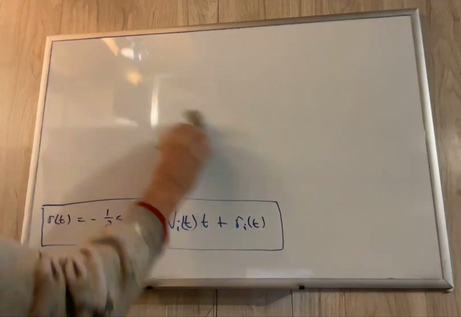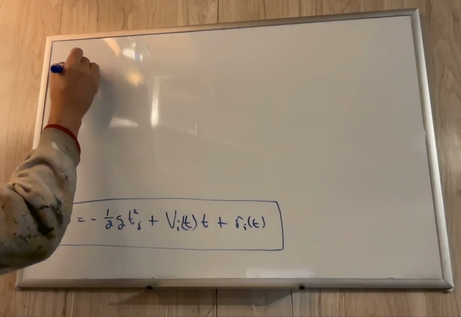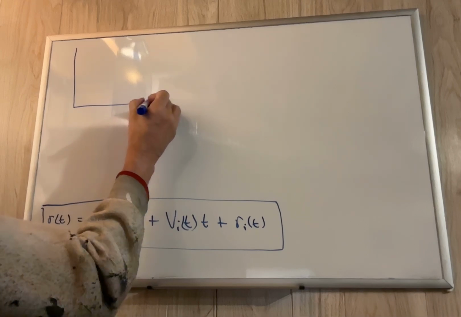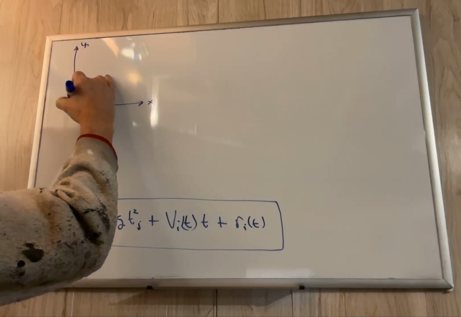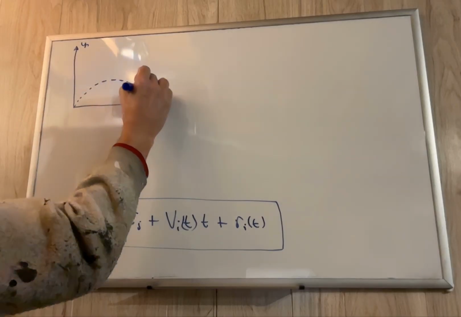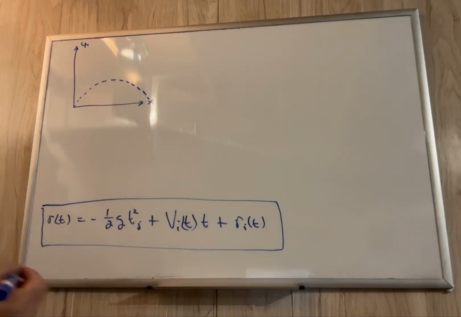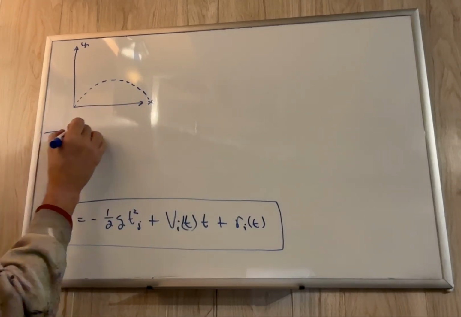Probably the easiest way to find these directions is to realize that in the x and y world, we're only using 2 dimensions right now. So this is going to be our x direction. This will be our y direction. If we have some sort of parabolic motion, it's going to look similar to this on Earth. So here we are at Earth.